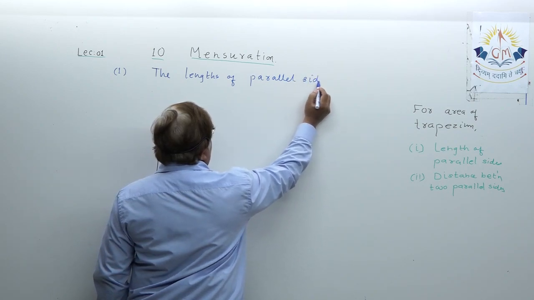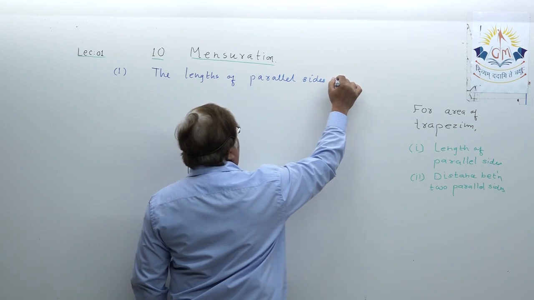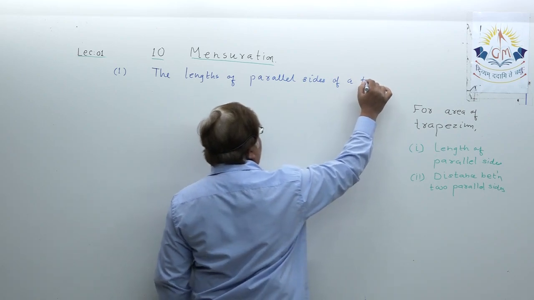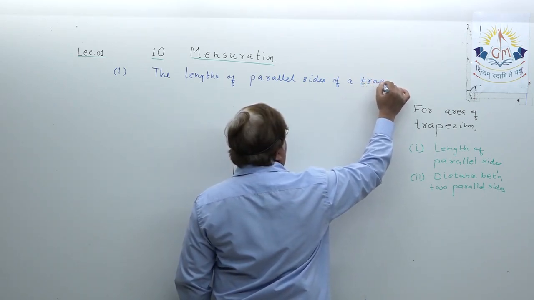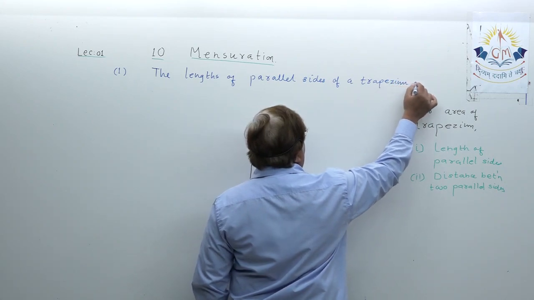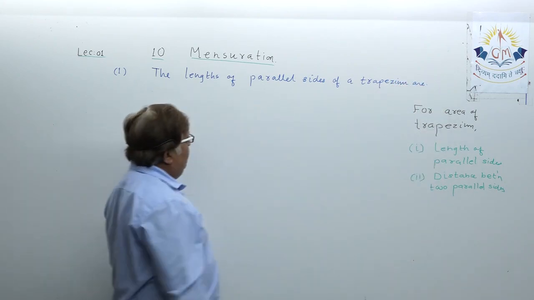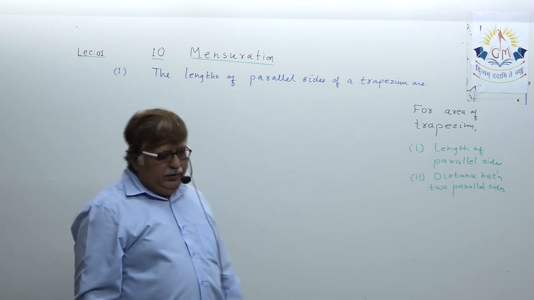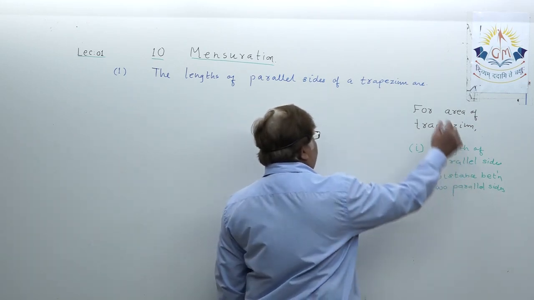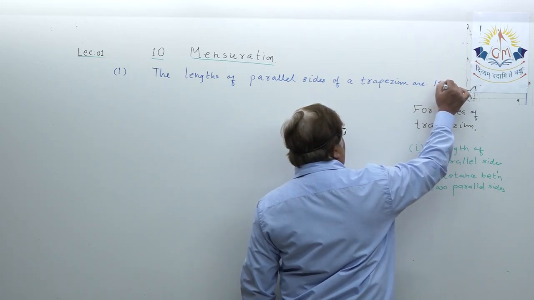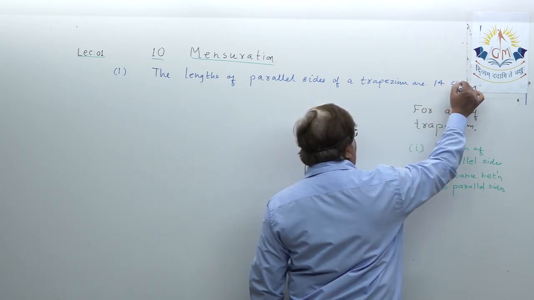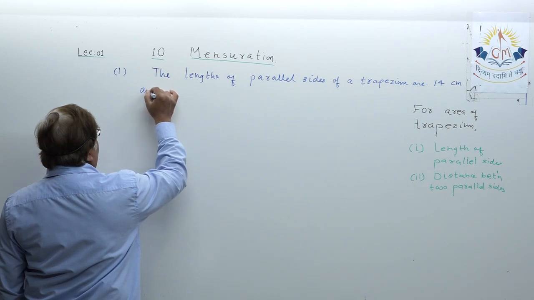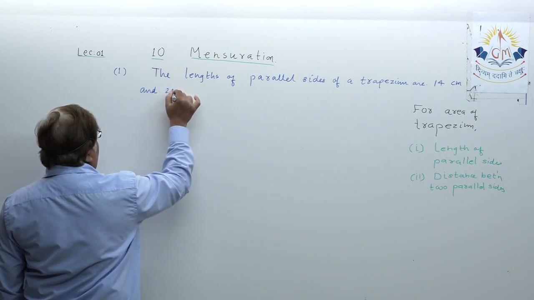The lengths of parallel sides of a trapezium are, just write down the sum with me, the lengths of parallel sides of trapezium are 14 centimeter and 24 centimeter.